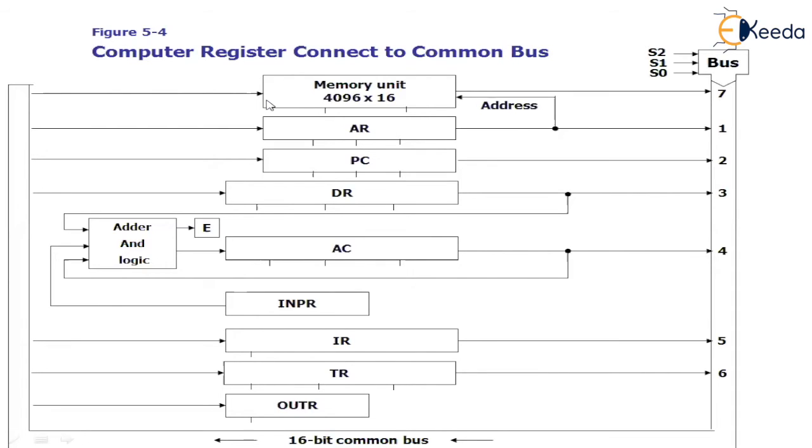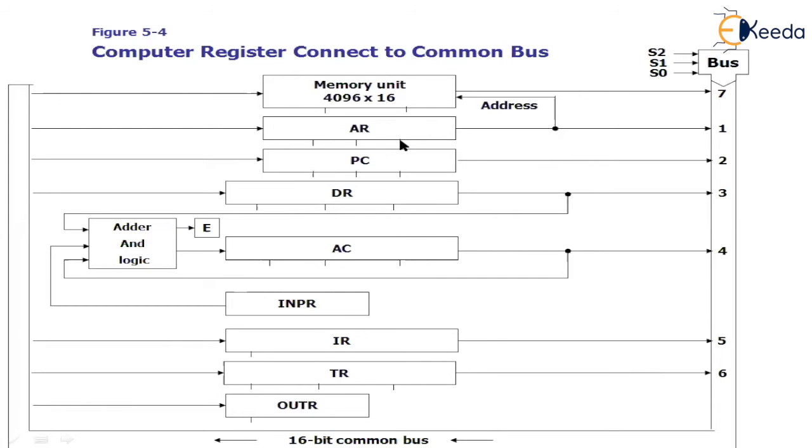So for that reason, the control unit is going to send a control signal to the program counter, a control signal to the address register to state that these two registers are going to be involved in a transfer. And then you know that there is a load, there is an increment, there is a clear.